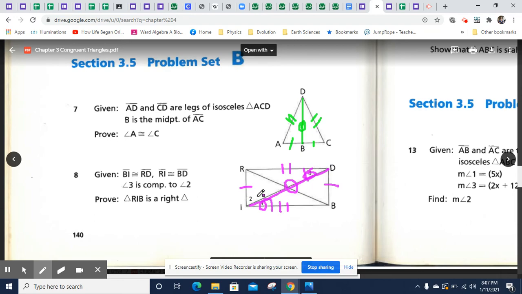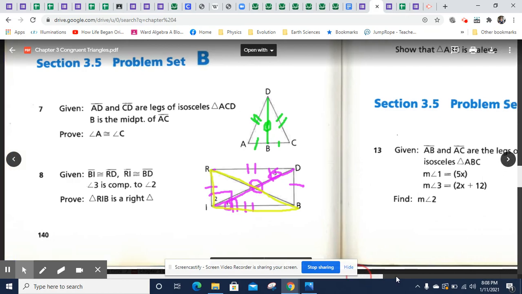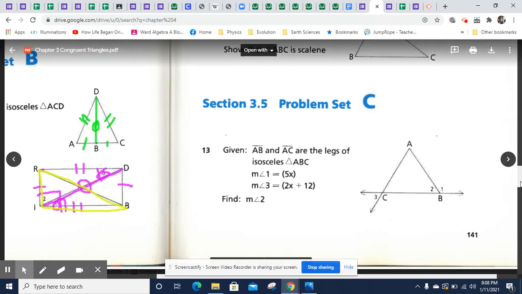Both, this angle is complementary, so this angle is complementary because it is congruent to 3. So what that means is that angles 2 and 1 add up to 90 degrees, which makes RIB a right triangle.